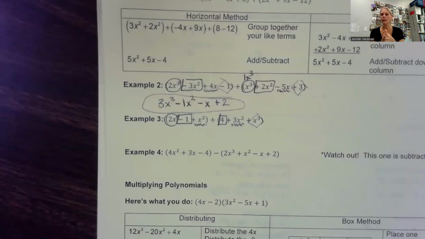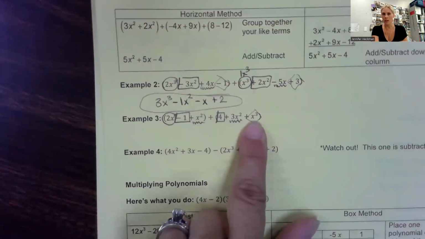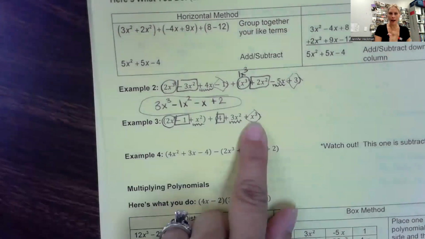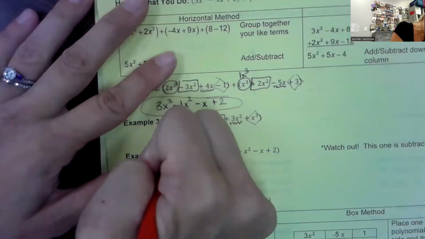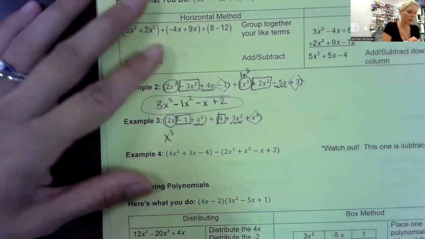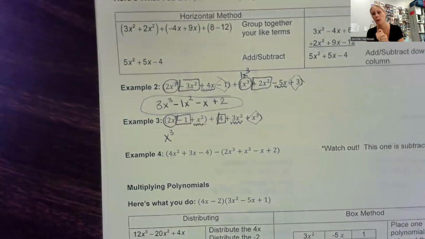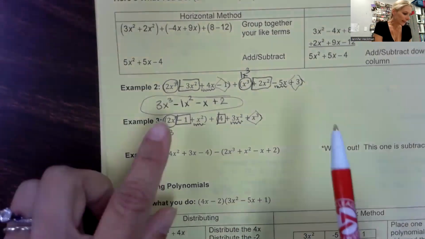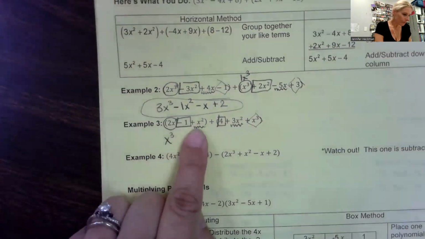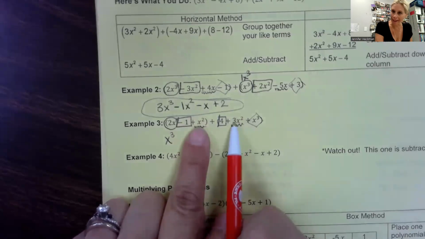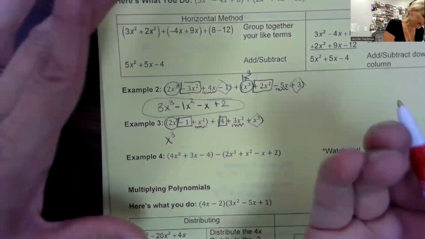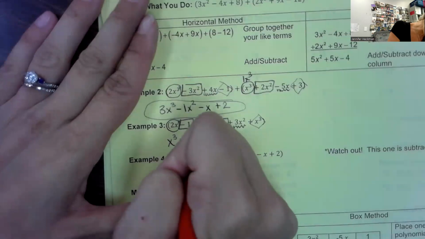So let me look at all my terms. The highest exponent is x cubed, but as I can see, there's no other x cubes that I'm going to align with, so I'm just going to keep it as x cubed, because highest exponent first. The next exponent would be x squared. I see I have an x squared here and an x squared here. I have 1 here and 3 here. 1 plus 3 is 4.